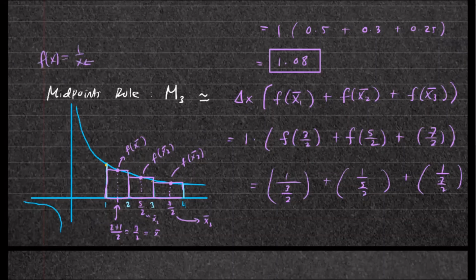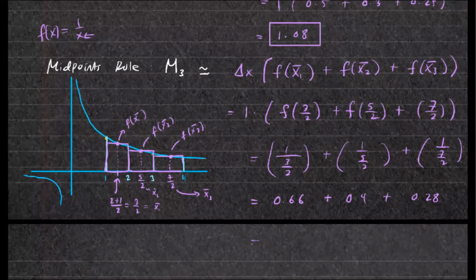So it's like a complex fraction. And then if you reduce these, this will become 2 over 3. So 1 over 3 over 2, that's simply in decimal, about 0.66. And 1 over 5 over 2, that's about 0.4. And the last one, 0.28. And that is about 1.35.